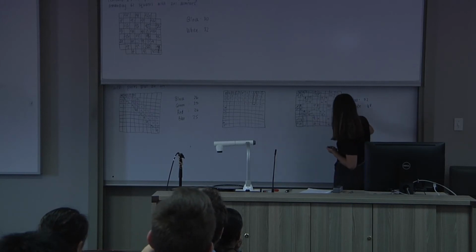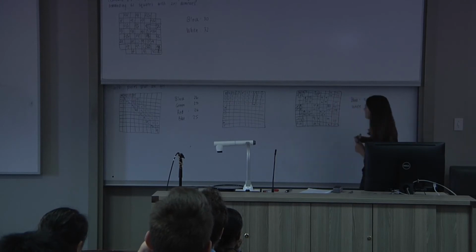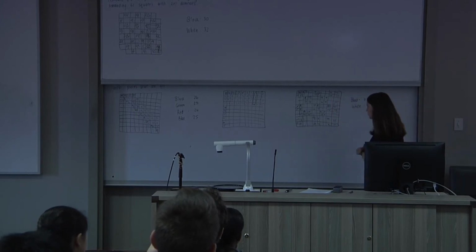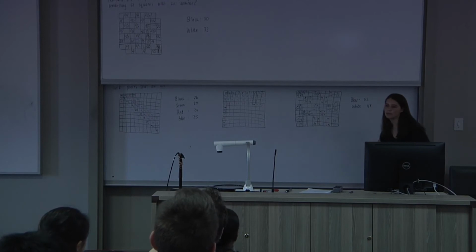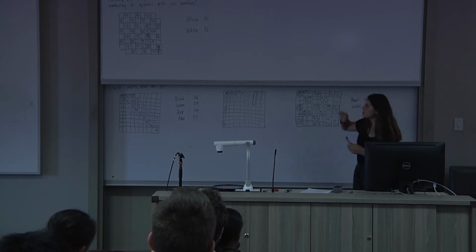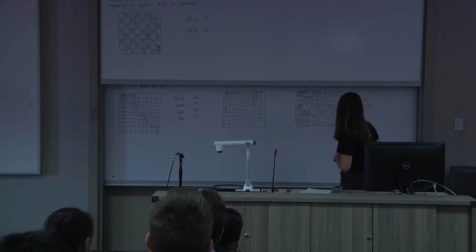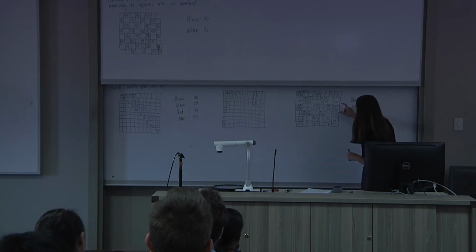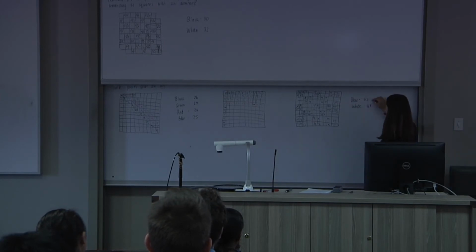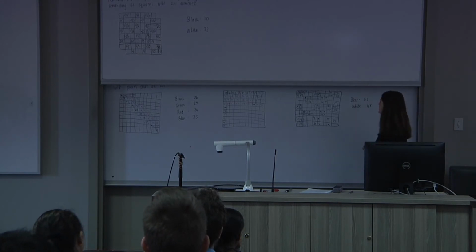Any way that you place it on the board, it will cover 2 black and 2 white squares. Similar to what we had above, every time it's the same amount of black and the same amount of white. But for this coloring system, there's not an equal amount of black and white squares.